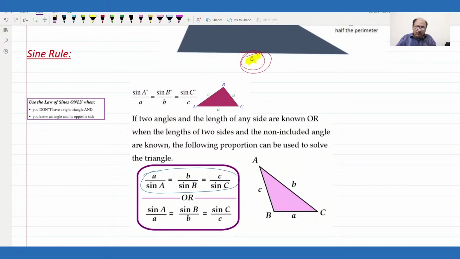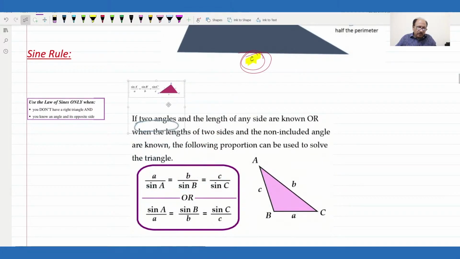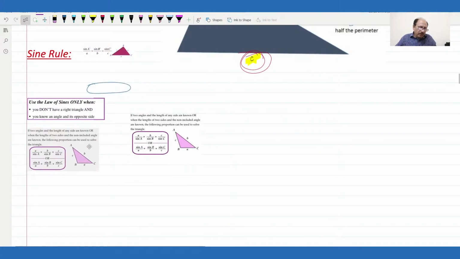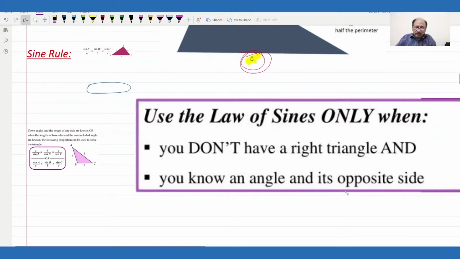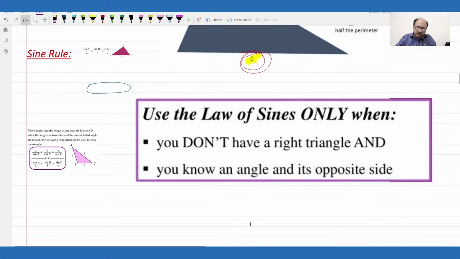And when we are using these formulae, this is important to know: when are we using the sine rule? We are using the sine rule in two situations.